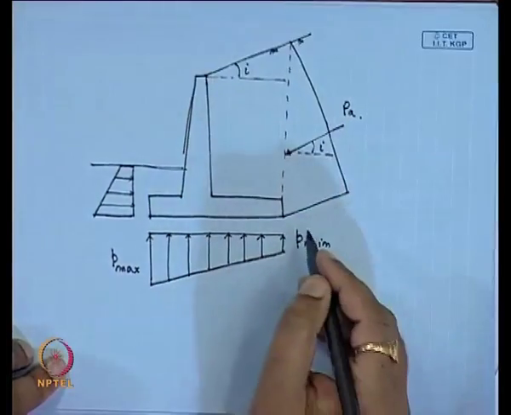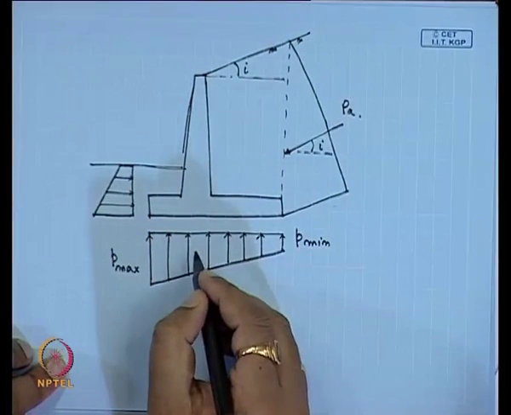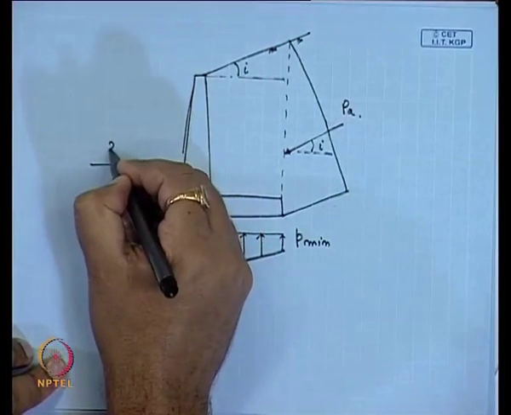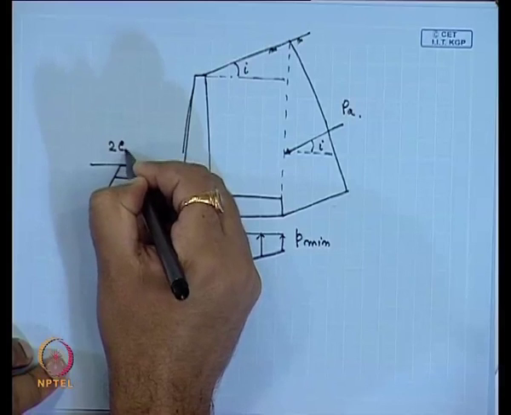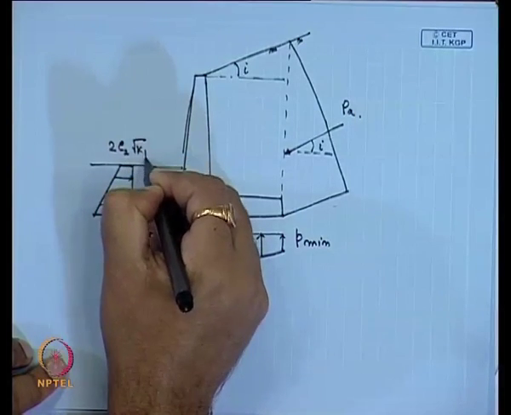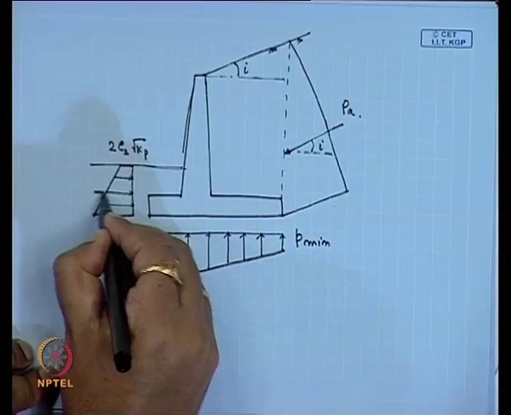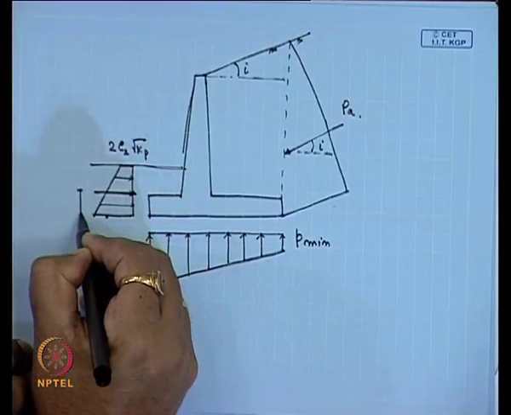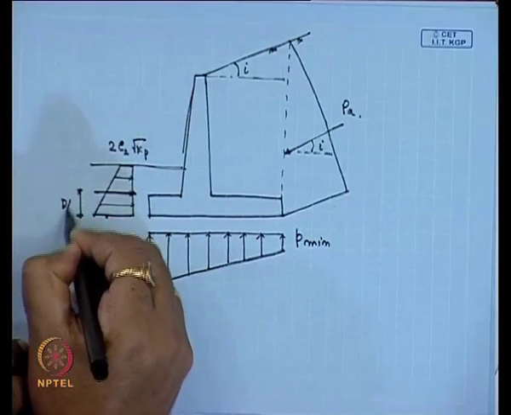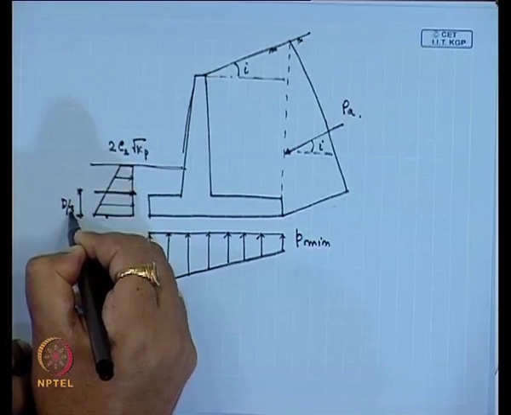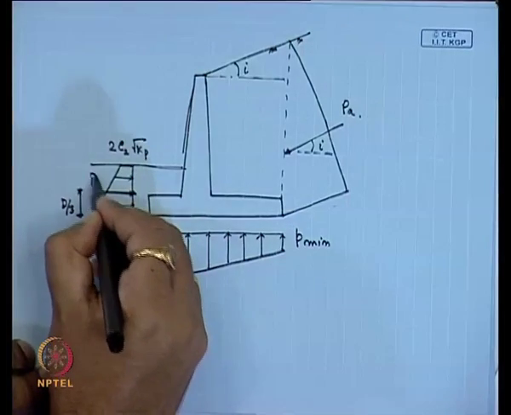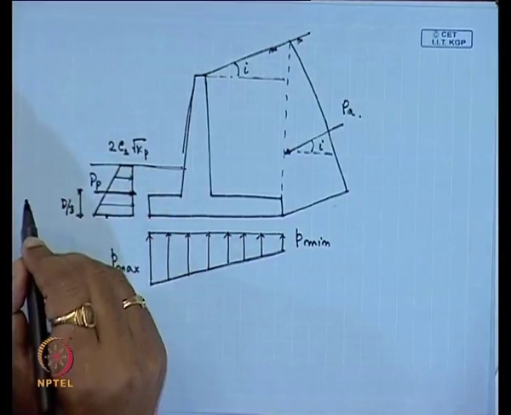Now, to calculate the forces, for this top portion this will give us 2 C 2 root K p, and for this bottom portion, P p 1 will act at a distance of d by 3. This is P p.